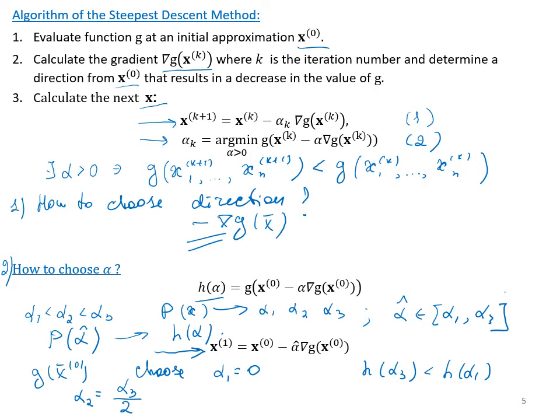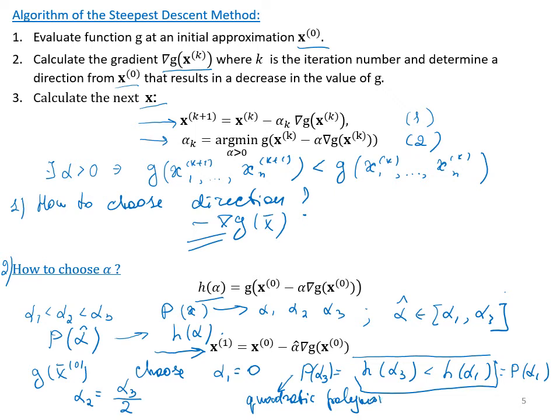Because p of x is a quadratic polynomial, the critical point can be found by solving linear equation.